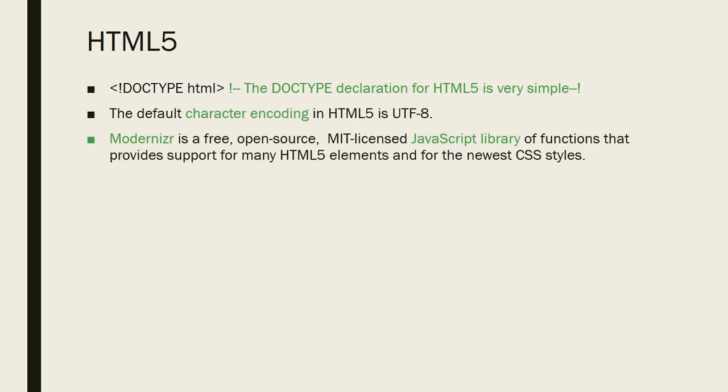Again, very simple. Then you have the default character encoding in HTML5, which is UTF-8. In your lab assignment, I've asked you to change your character encoding scheme, the reason being you are using different codes in that file which are not possible using only UTF-8.